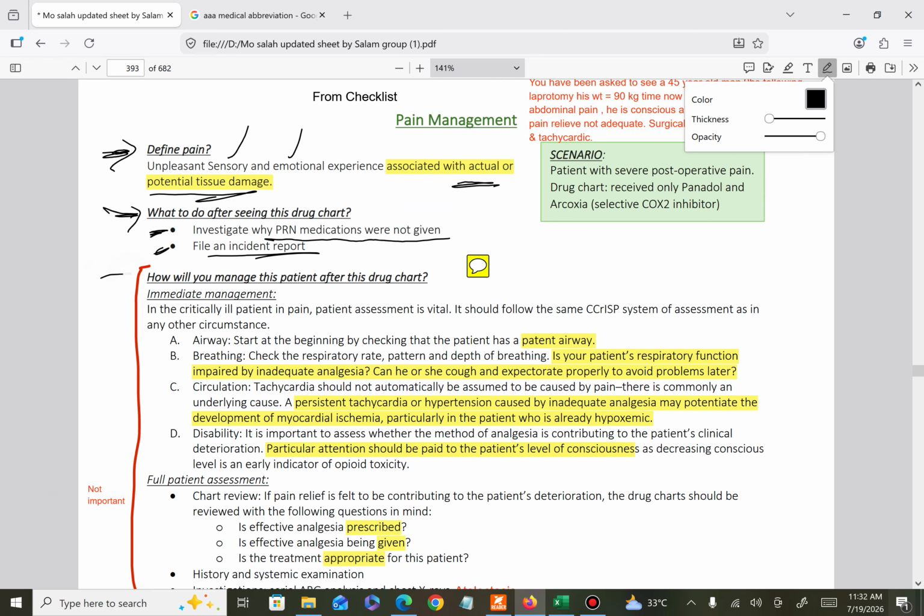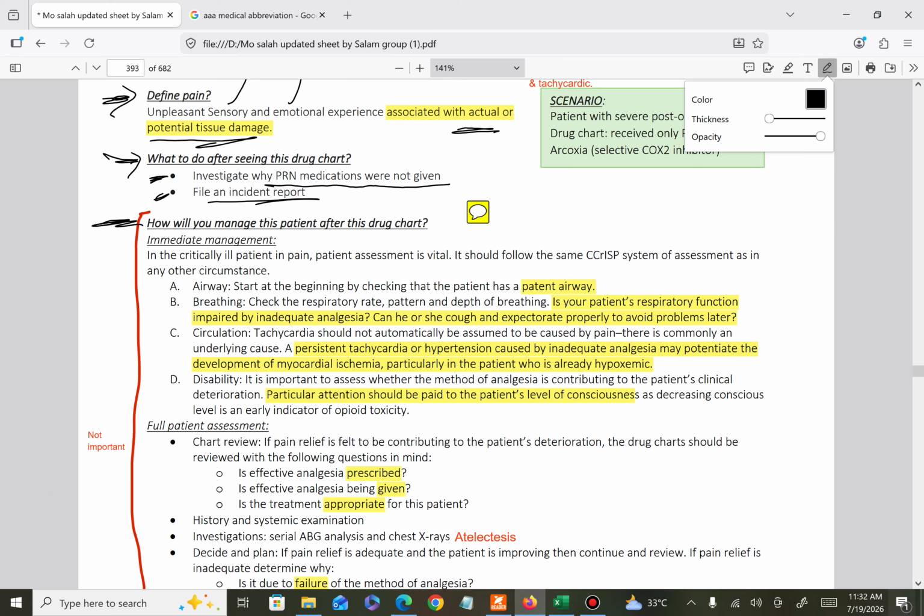Next question is, how will you manage this patient? The management can be immediate management and full patient assessment. In the immediate management, just like other critically ill patients, this patient is critically ill and in pain.